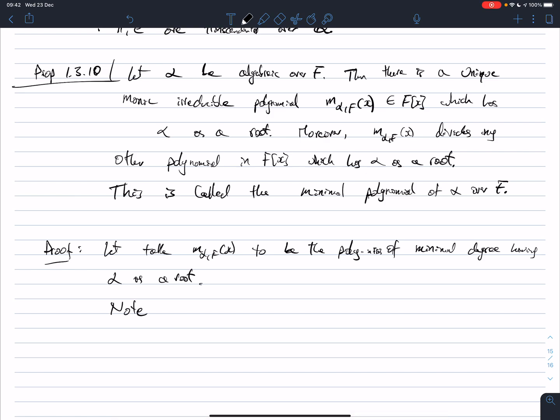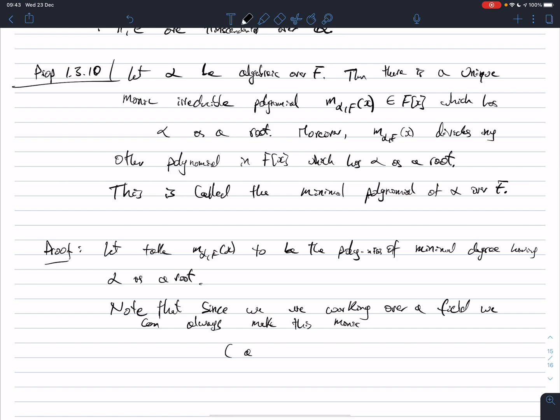Note that I mentioned that I wanted my polynomial to be monic. I can do this because I'm working over a field, so I can always just multiply through by the inverse of my leading term and make sure that my leading term is 1. So making it monic is easy. Imagine that you'd taken your minimal polynomial looked like a_n x to the n plus something.